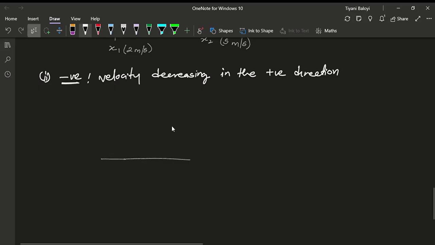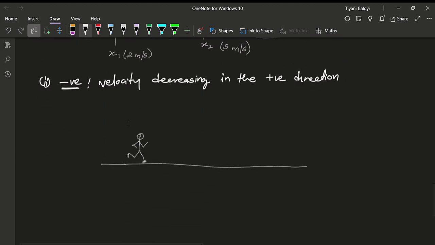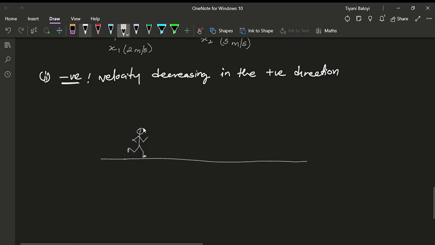Let's say we have this, and then we have the same person running. Okay, we have our sprinter here. As you can tell, I tried to show this person running very fast because they're speeding up. Now let's say when the person was here, they were moving at 5 meters per second.